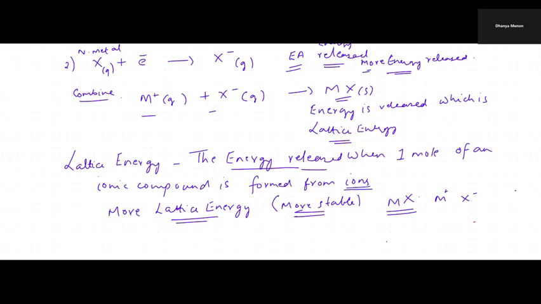The more energy released, the more stable the compound and the stronger the bond, because you have to put in that much energy to separate them into constituent ions. Calculation of lattice energy is very important, which we will do in our next video. Now moving on further, students. I hope till here it is clear.